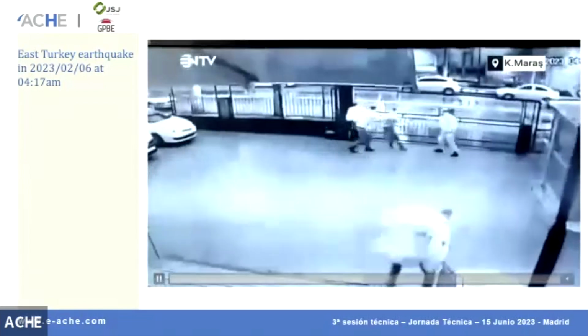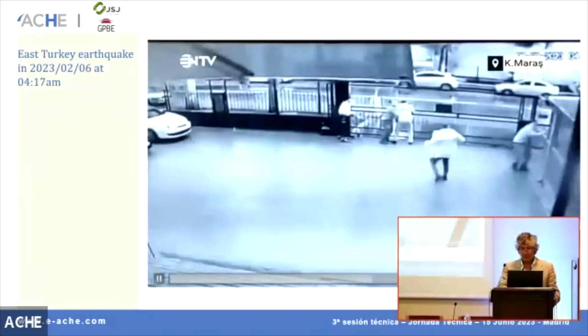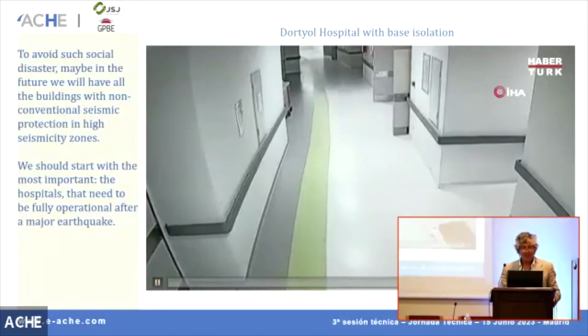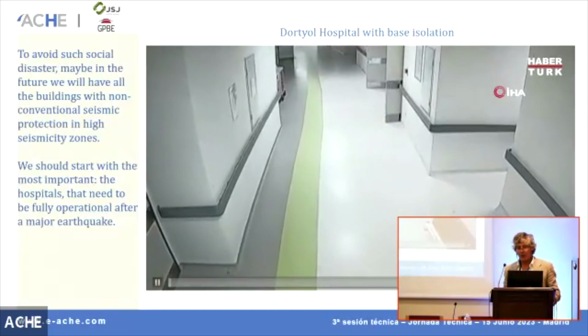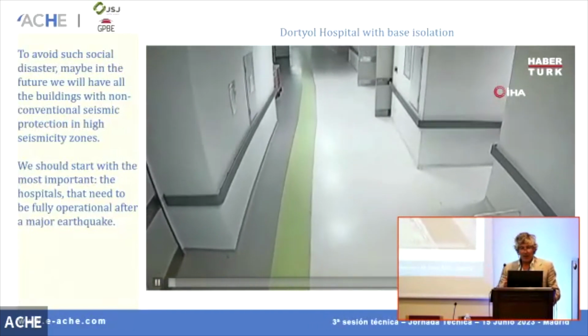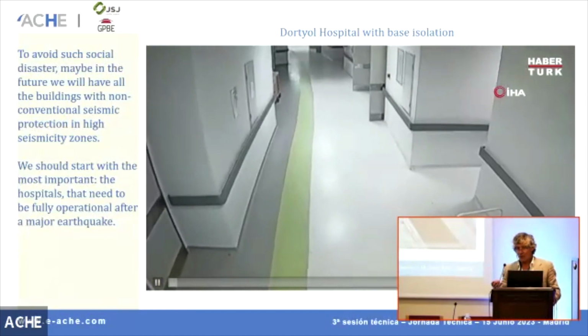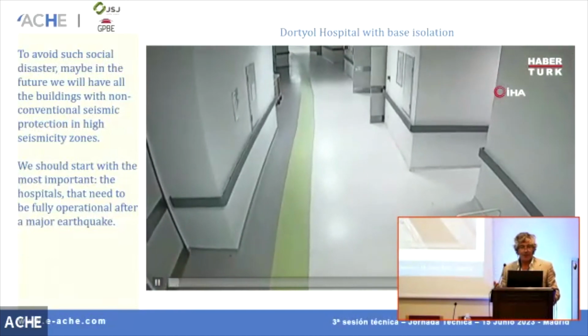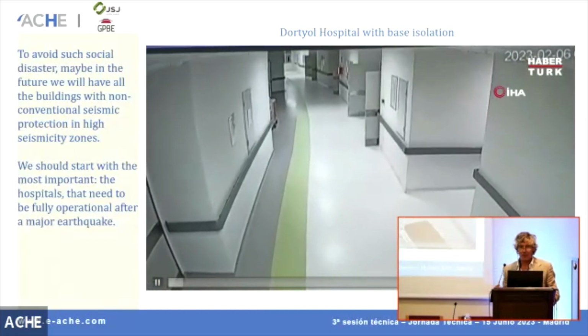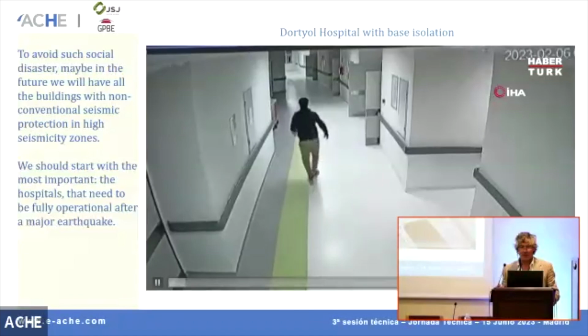They're almost falling, and now I think that we should look at this. I know that someone already talked about base isolation, but it was Dortia Hospital with base isolation. It was the same earthquake. And I think that to avoid such a social disaster, maybe in the future, we will have all the buildings with non-conventional seismic protection, at least in high seismicity zones, okay?